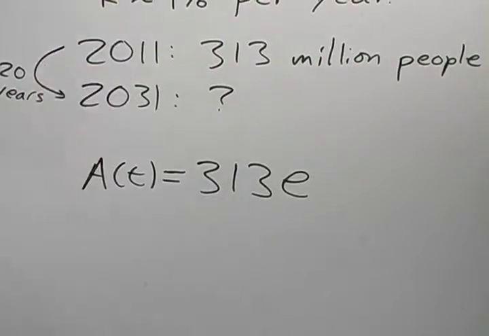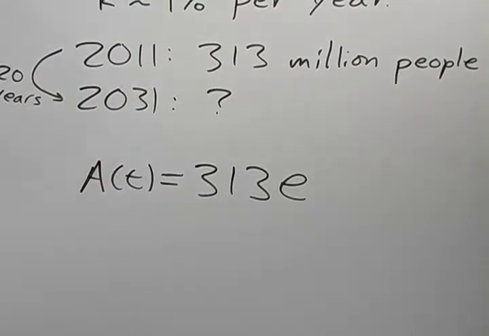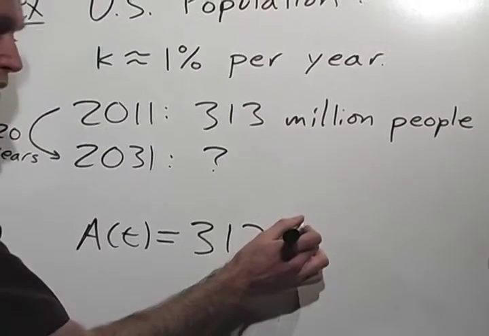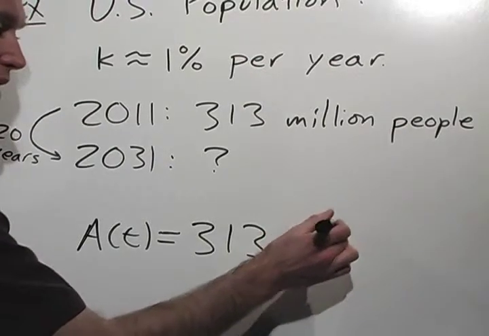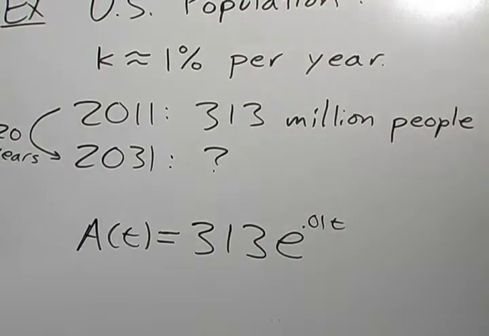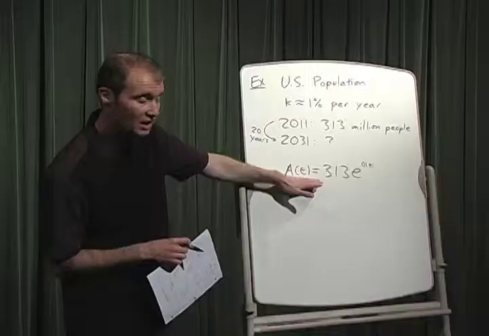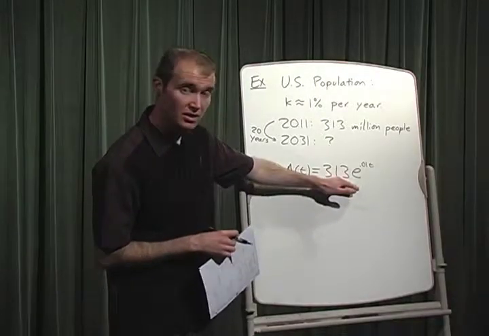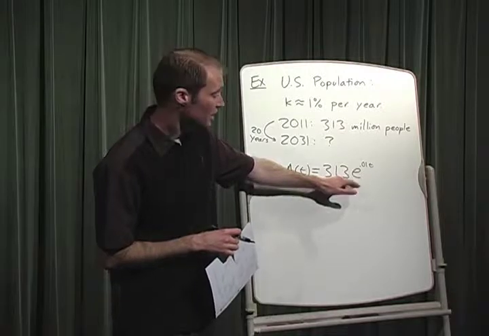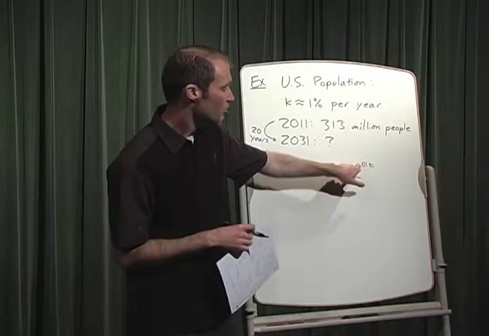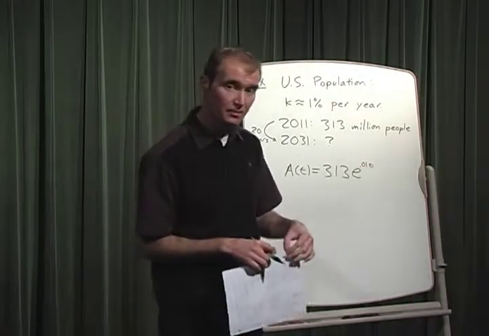Well, k is 1% per year. It's best if we write that as 0.01. So the amount at time t is equal to the amount that I started with, 313 million, times e raised to the 0.01t.